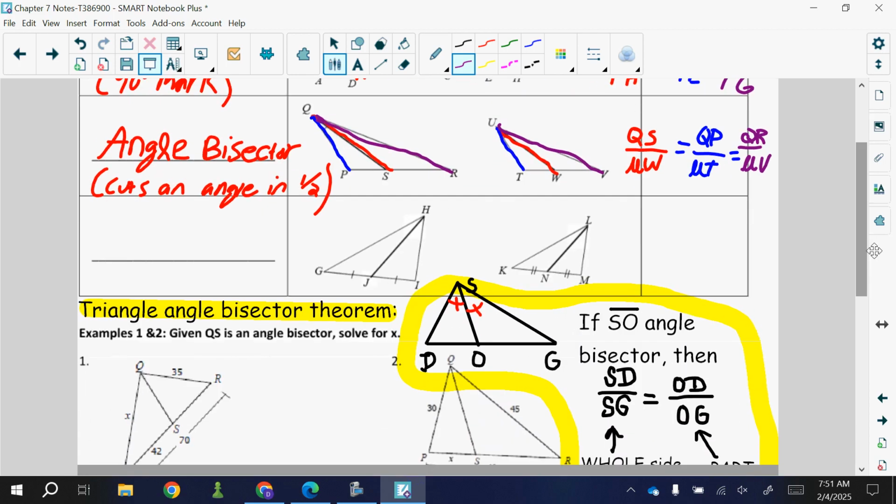Okay, last type of side. We got this guy here. This is a median, and it cuts your base in half.